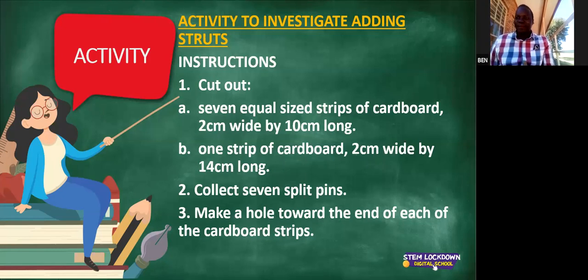Then you use the split pins to join the 4 pieces together. Then I'm going to join 4 pieces here. This is piece number 1. I join piece number 1. Then I come to piece number 2, then I join it as well.